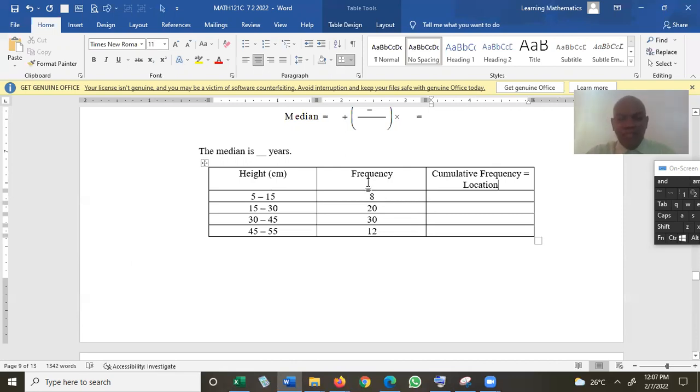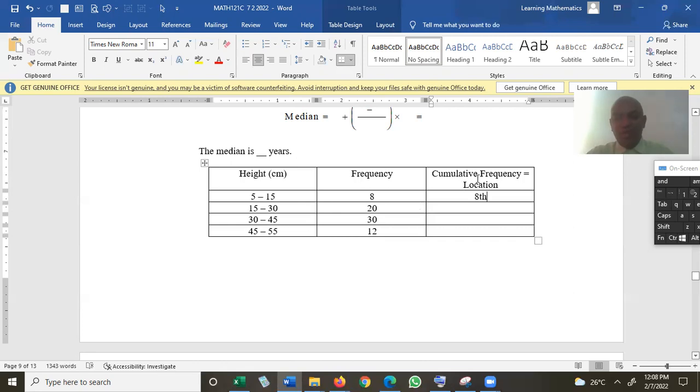Since this says 8 between 5 and 15, here on the cumulative frequency we will have 8. We just carry it across, and it's now 8, meaning that's the last location in that interval.